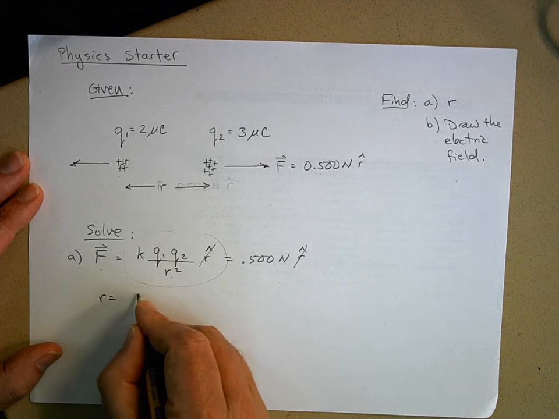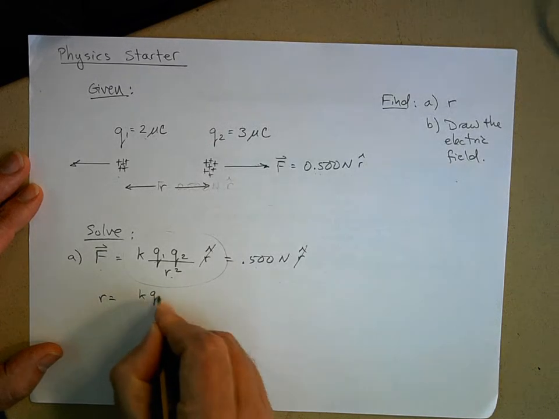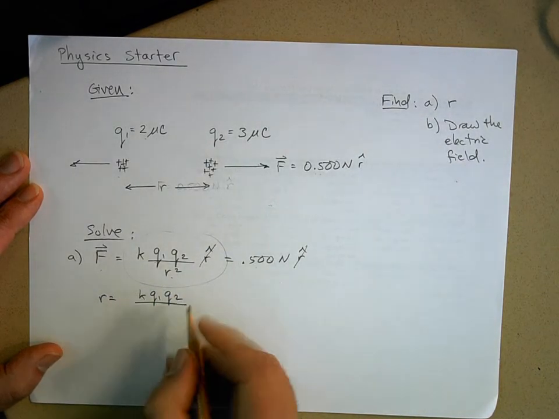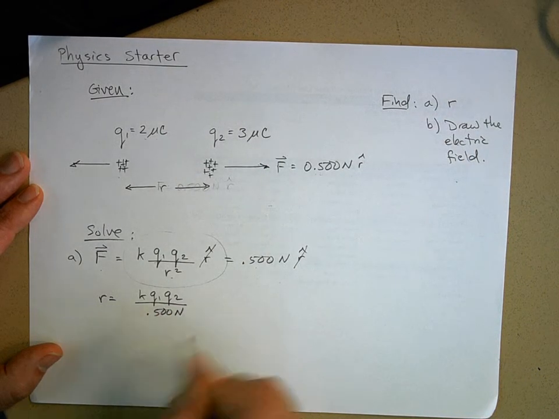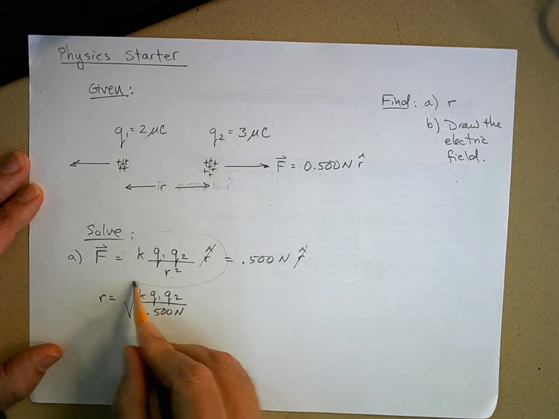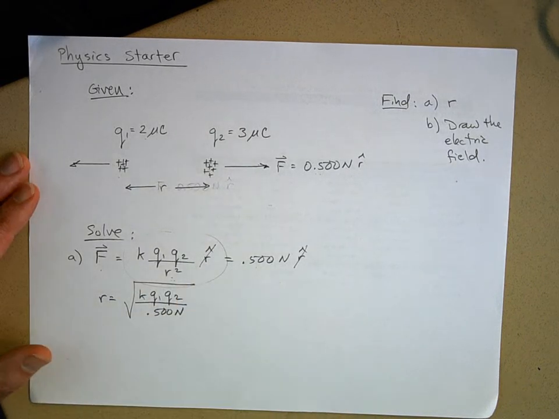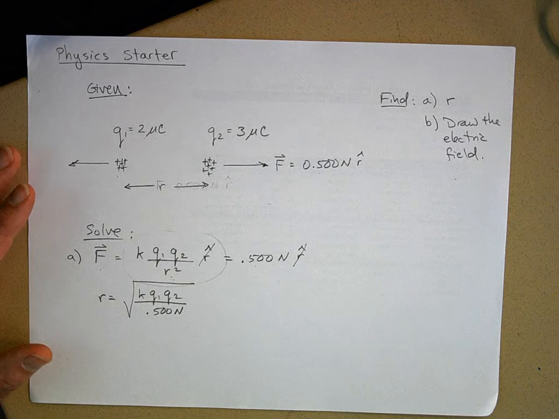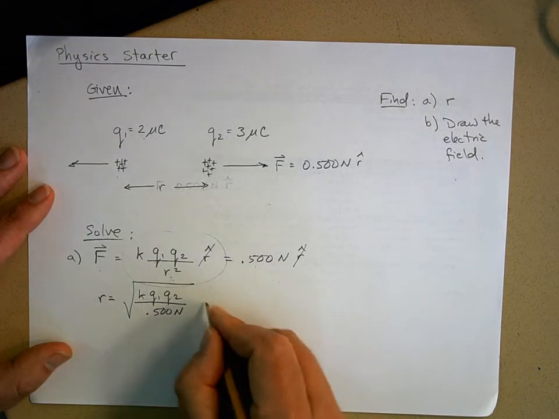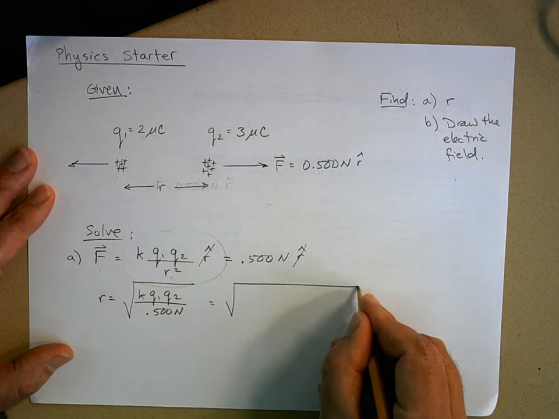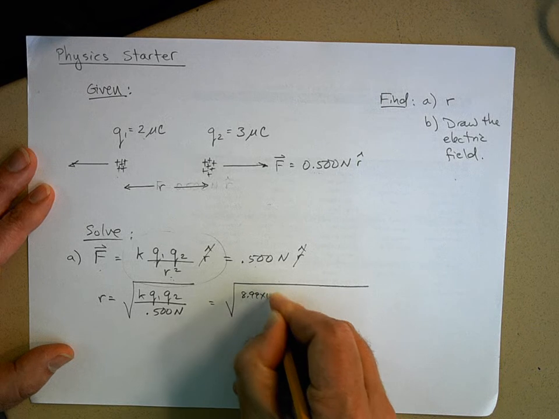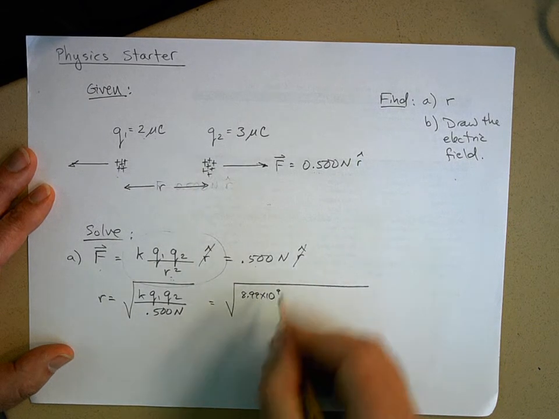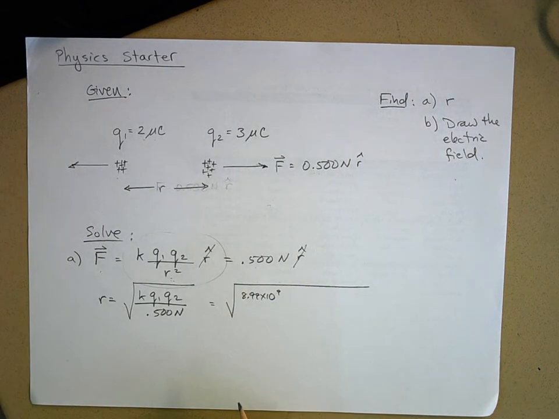And so we get K Q1 Q2 over 0.500 newtons. And we have to take the square root, right, because it's R squared. So I did all that algebra in one step. You follow that? Okay, just solve for R. Now I'm going to plug in values. This is 8.99 times 10 to the 9. And this is something you should write down on your equation list.